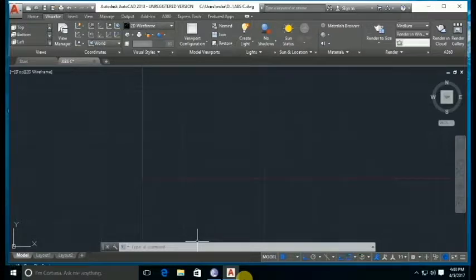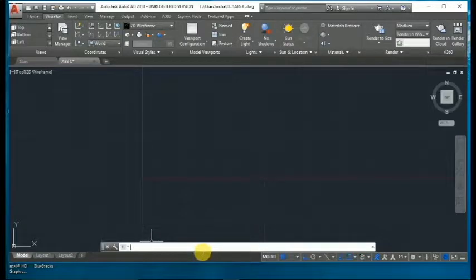So enter the line command at the command prompt, L, enter. The command prompt asks to specify the first point, so it will be 0, 0. Enter.